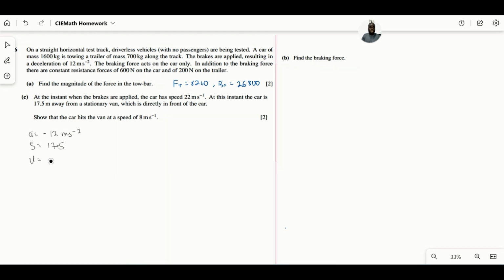That's the initial speed at the moment for that subsequent motion. Great. So that's the value of the speed of the car when it hits the van, or when it travels a distance of 17.5 meters forward, starting with a speed of 22 meters per second.